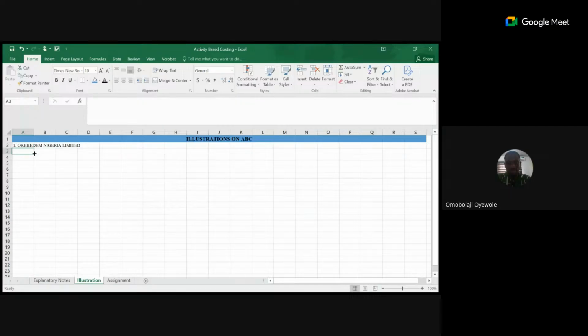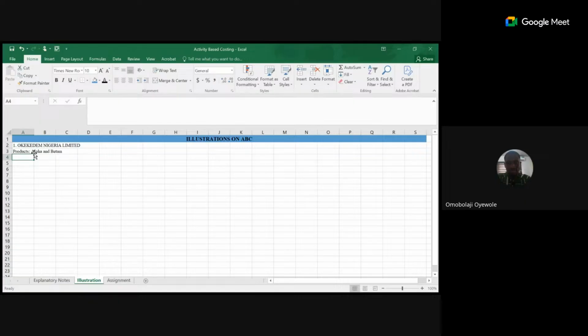The company manufactures two products known as alpha and beta. Details of production for the two products are given below.